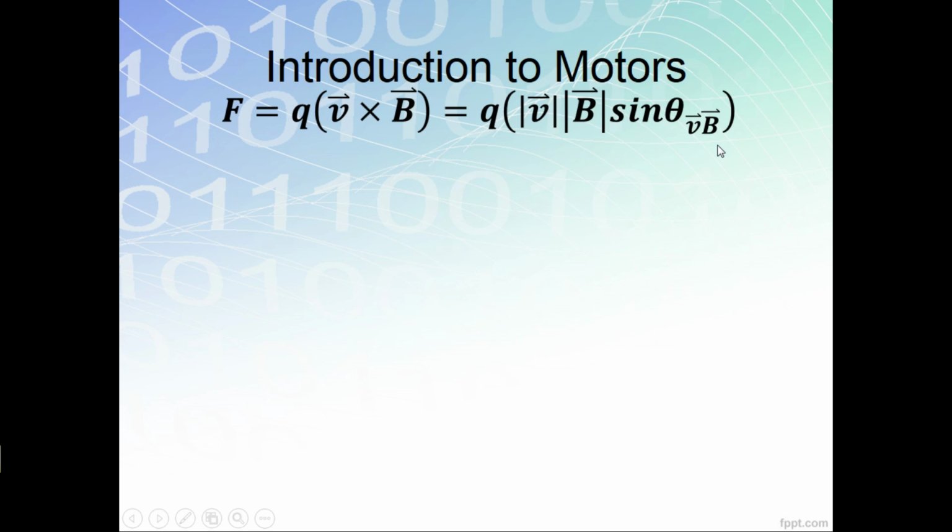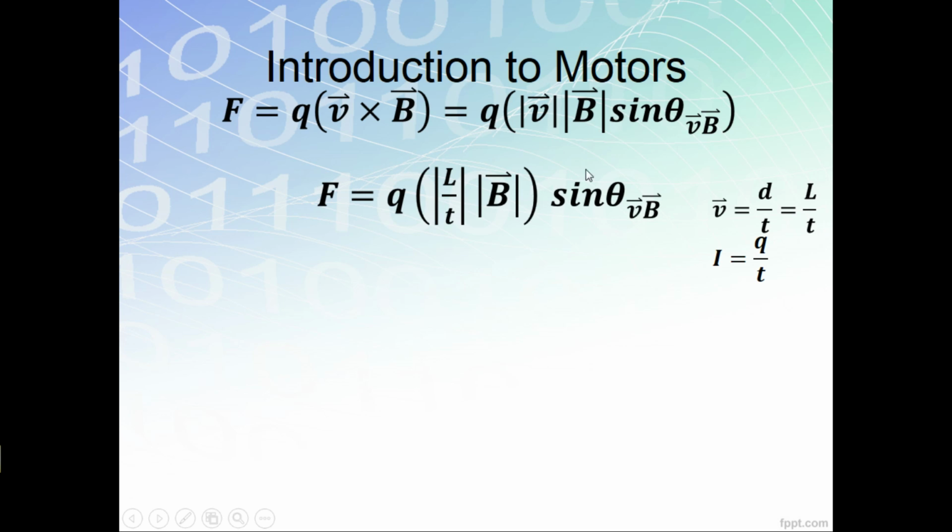which is perpendicular to both the velocity and the magnetic field. Since velocity is equal to distance over time, or it can also be length over time, this equation can be further simplified by replacing the velocity with length over time. We will have this equation.